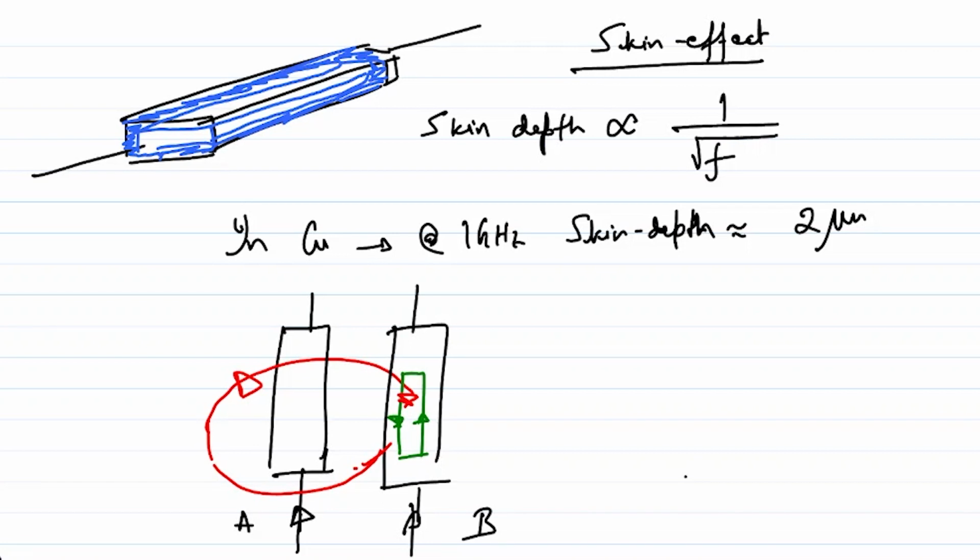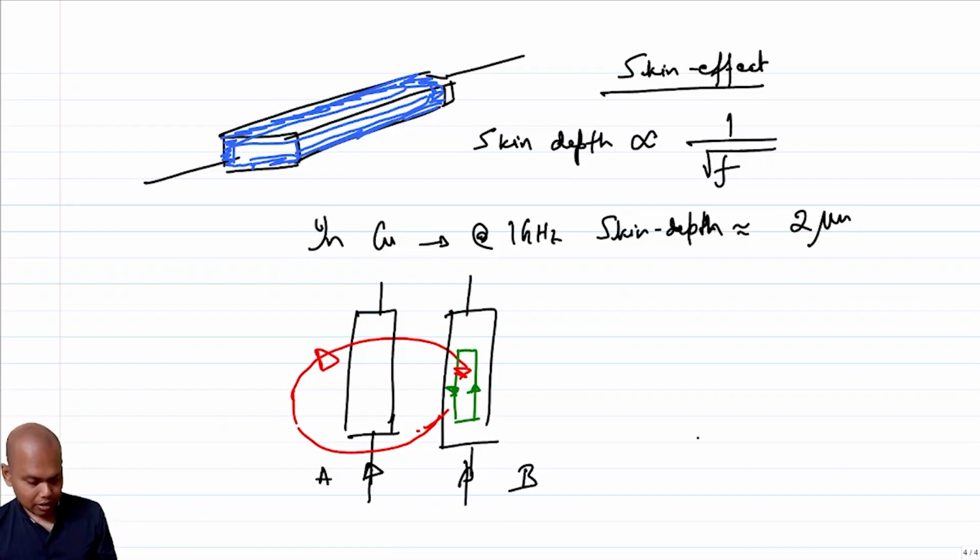Correct? So now note that the direction of the current around this edge, in the loop that has been induced, is in the opposite direction of the current that the wire is trying to carry, which means that there will be some effective cancellation of current that will start happening around the edge of the wire, right?